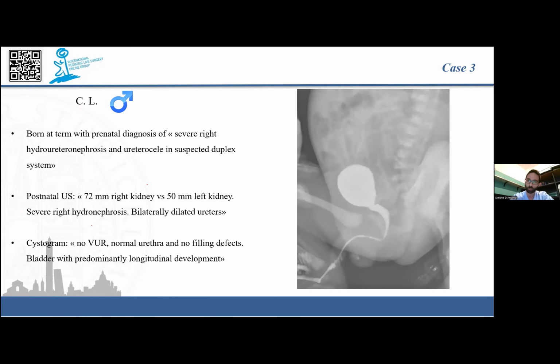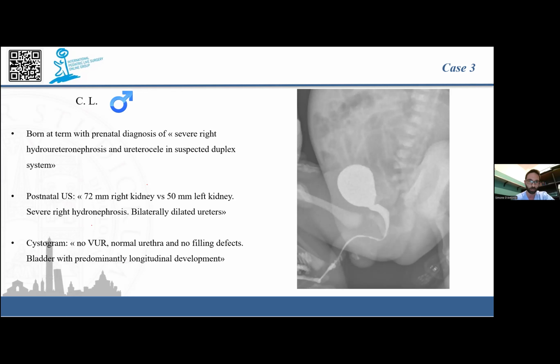The cystogram was negative for reflux, for any urethral malformation and any filling defects, such as ureterocele, and the bladder was described as a predominantly longitudinal development.